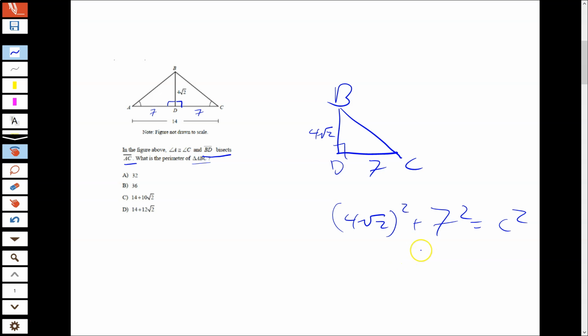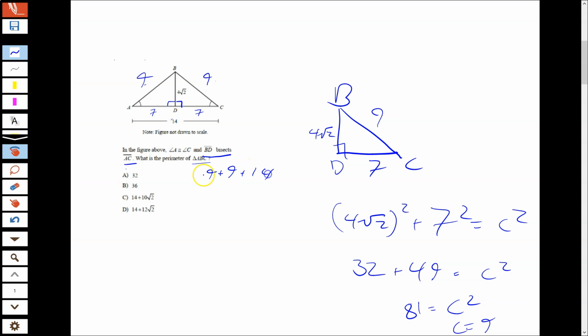That gives me 16 times 2 is 32, plus 49 is c squared. This gives me 9 for that side. And notice we have two congruent triangles again. So 9, 9. So we're just doing 9 plus 9 plus 14 if we want the perimeter. That gets us 32.